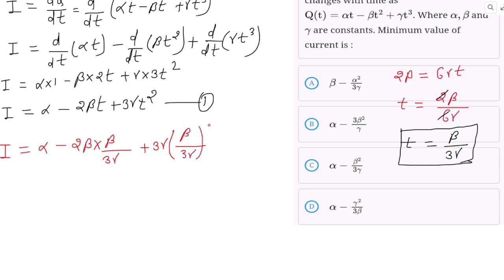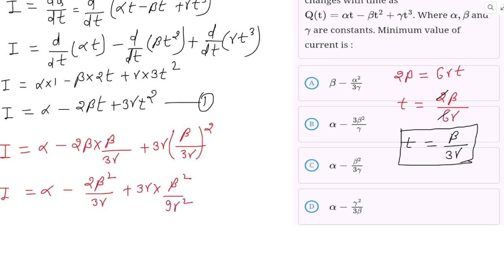And we get I equal to alpha minus 2 beta square divided by 3 gamma plus 3 gamma. The second term is 3 gamma into beta square divided by 9 gamma square.